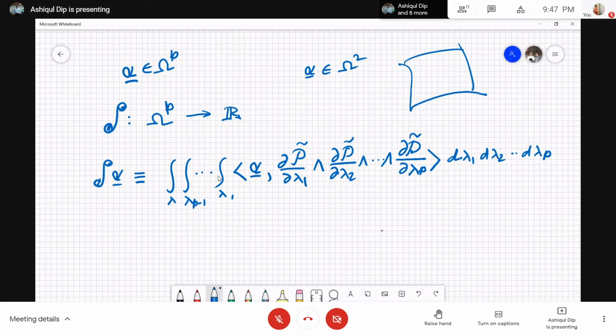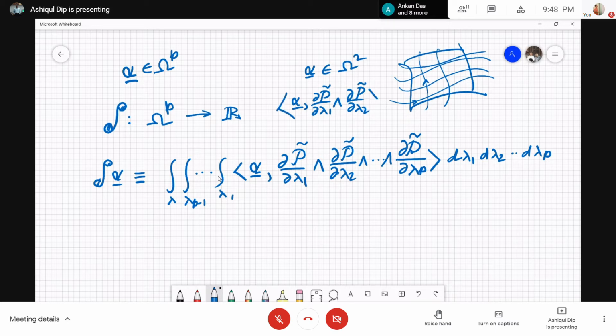Then you have to parameterize your carpet like this, and pick which one is your first coordinate and which one is your second coordinate. You define those two, and then you pierce: delta p over delta lambda 1 with delta p over delta lambda 2 will give you the area covered by two adjacent grids.